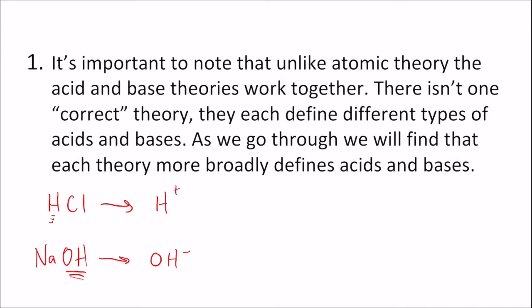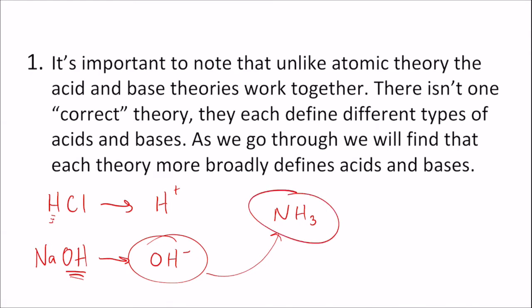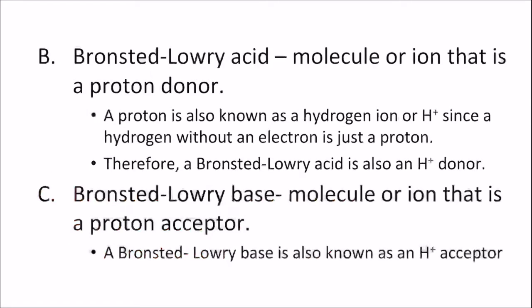Now that's great, but there are some other things like ammonia, NH3, that if you were to have go through a reaction, would actually act like a base, but you don't see OH in there. So Arrhenius wouldn't be able to define this as a base, even though it is a base. The Bronsted-Lowry definition will actually allow us to define more things as acids and bases.